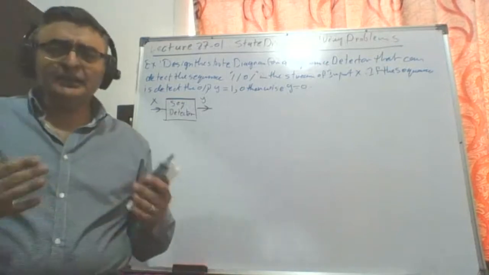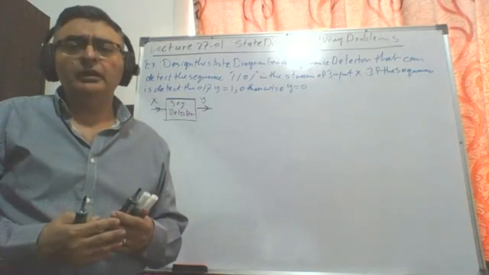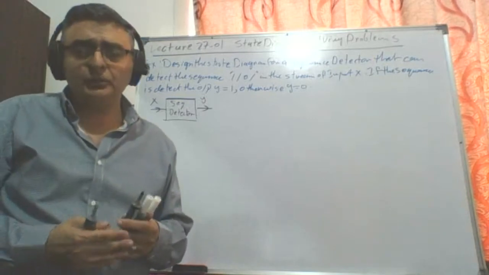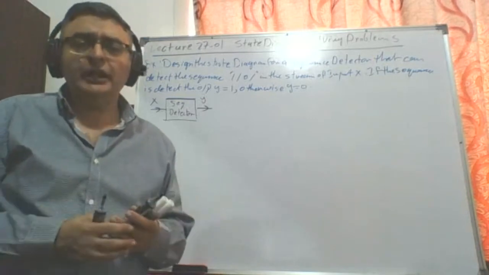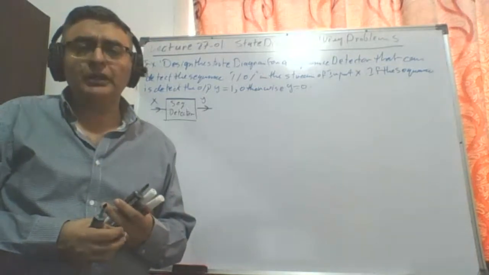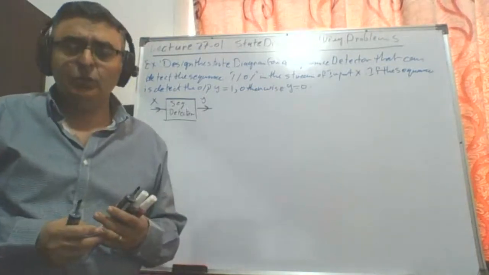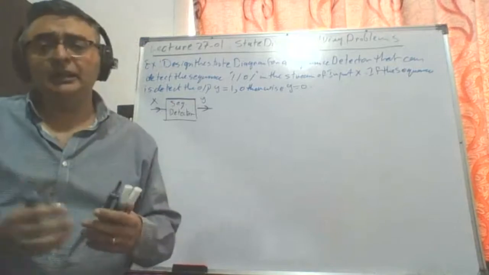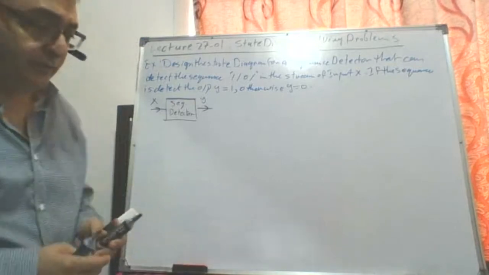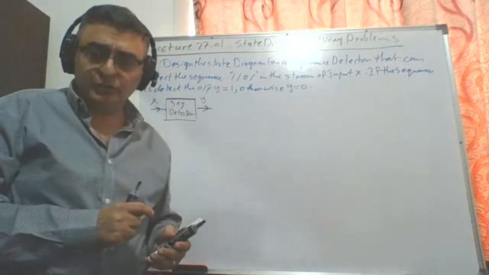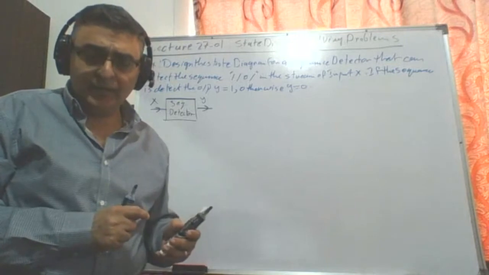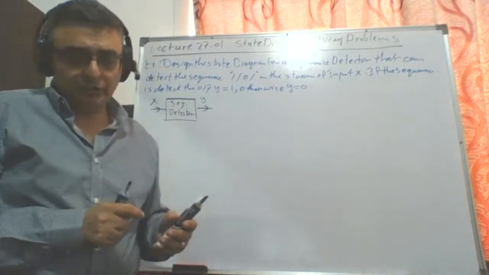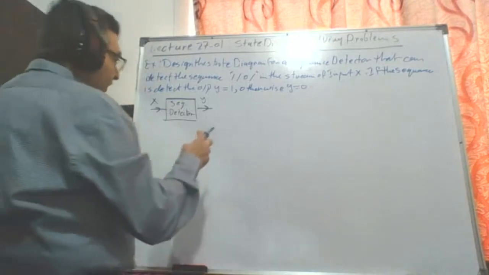So Mealy usually has one less state, and Moore has one extra state than the Mealy. We solved our example last time as a Moore. So let's solve this as a Mealy.